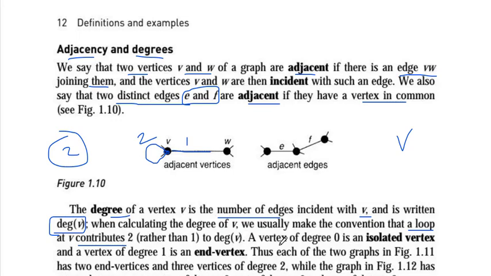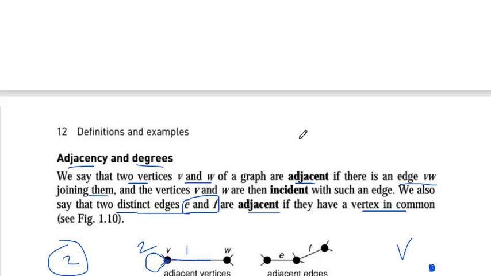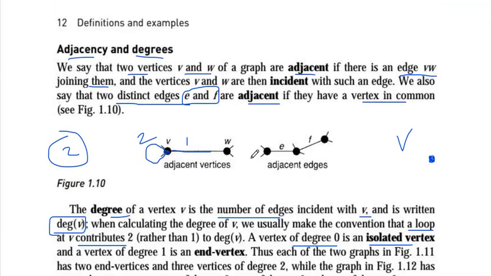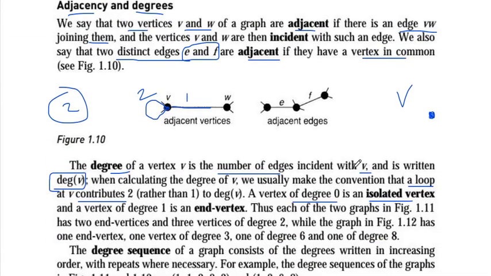And a vertex of degree 0 is called isolated. Like here, no edges are available, so the degree of the vertex is 0. This type of vertex is called isolated. And a vertex of degree 1 is an end vertex.